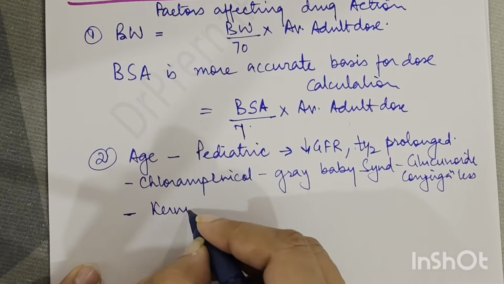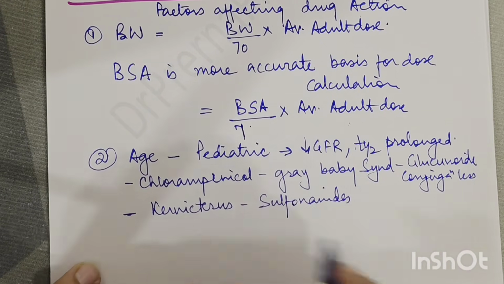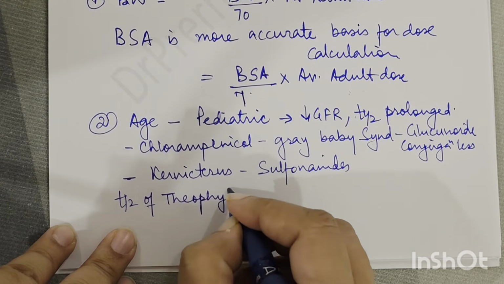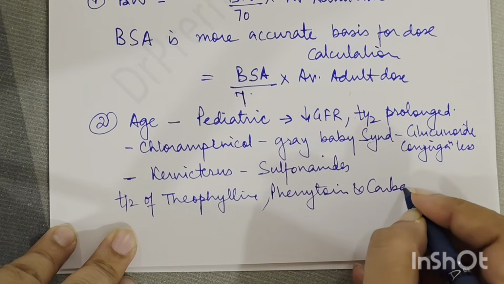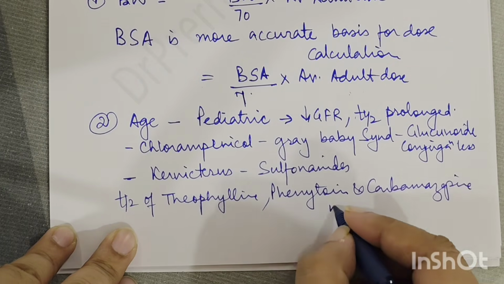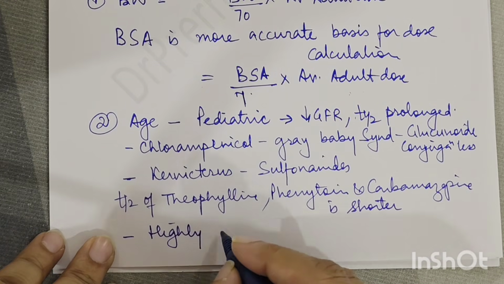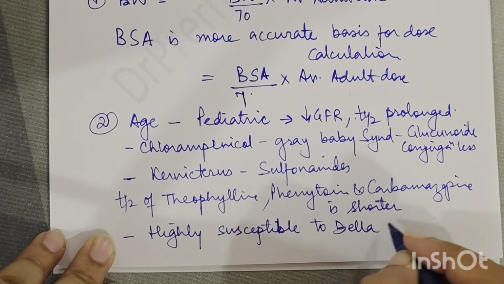Then kernicterus is caused by sulfonamides. Okay, then half-life of theophylline, phenytoin and carbamazepine is shorter in children. Then children are highly susceptible to belladonna poisoning.